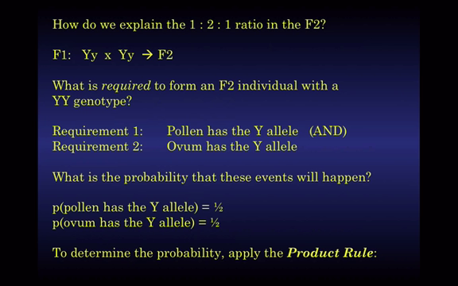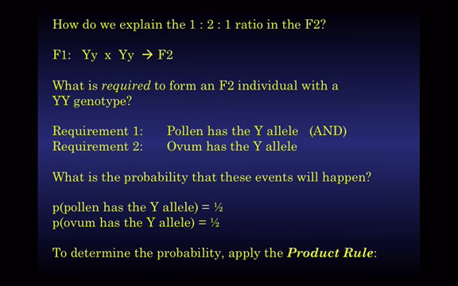And you'll notice that we say "and" in between those two. The next thing to say is, what is the probability that these events will happen? Well, it's a 50-50 shot either way if the pollen is going to have a big Y or a little y, and same for the ovum. So each of these events or requirements has a probability of 1/2.